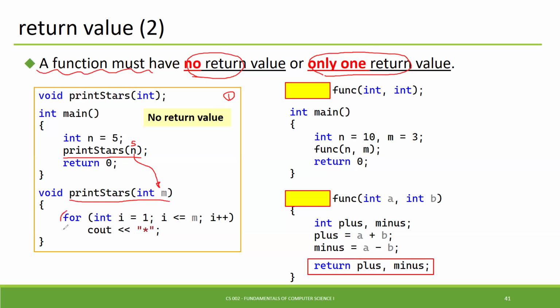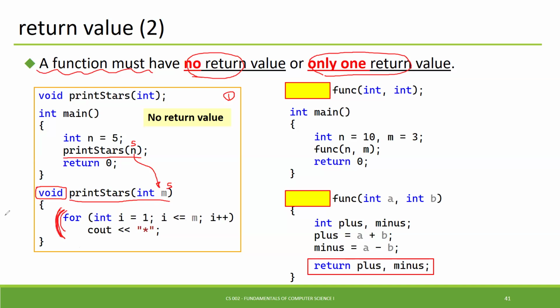And in the for loop, we print out star 5 times because m is 5. And in the function, there is no return. If there is no return, you must have the void keyword here. Void means there is no return.